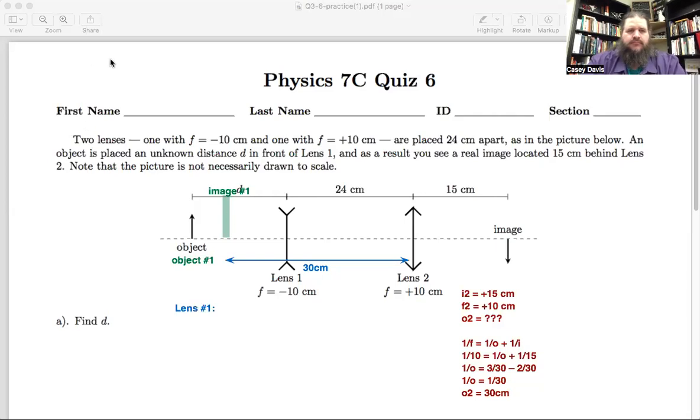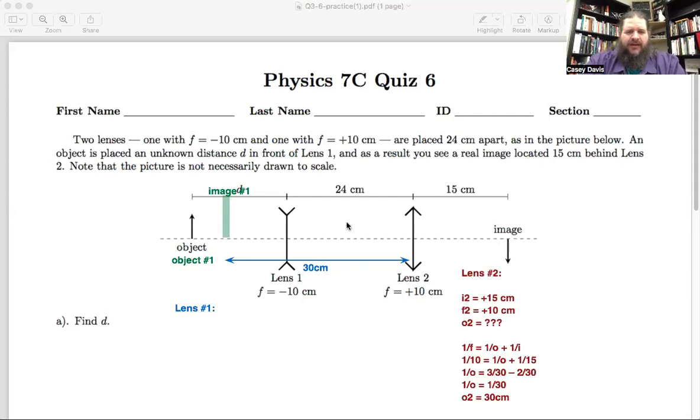Would it be 6? Yeah, it should be 6 because it's 30 centimeters from lens 2, but that's only 6 centimeters from lens 1. And we can see that geometrically here, that if we've got 24 centimeters already used up out of the 30 centimeter distance, we've got 6 centimeters left here.